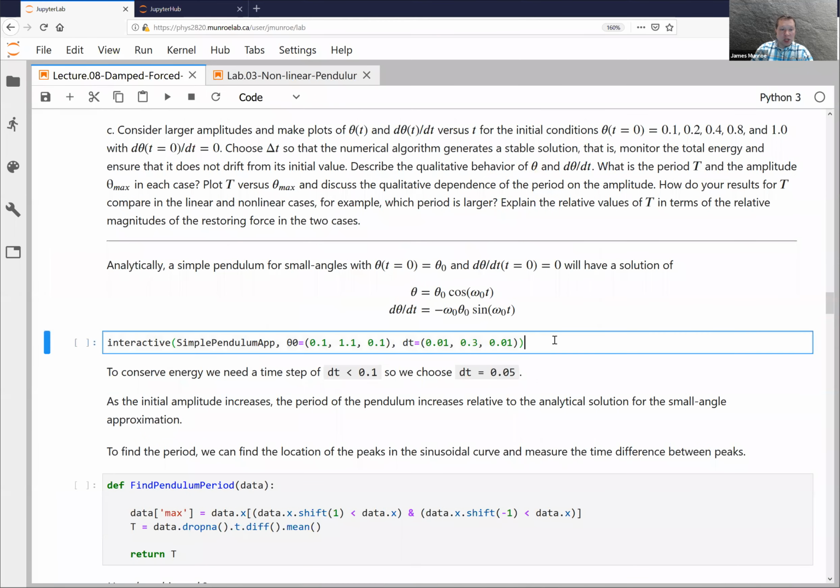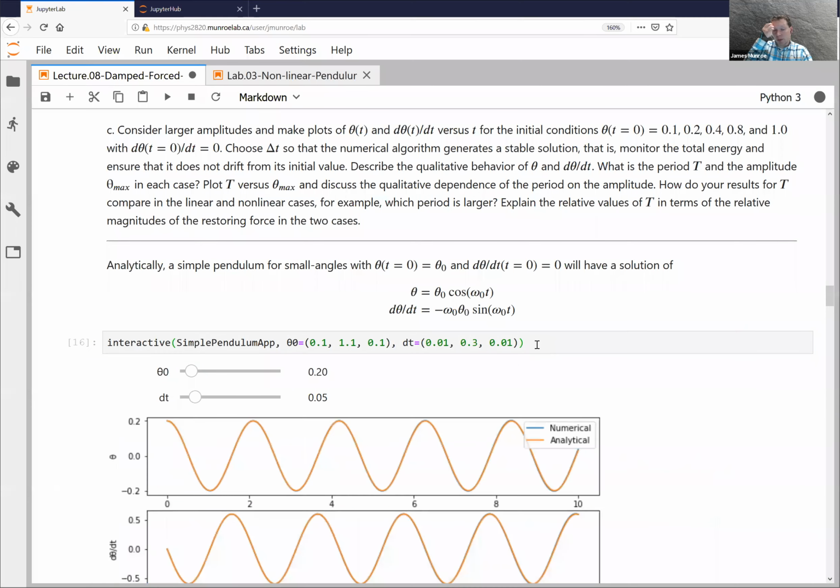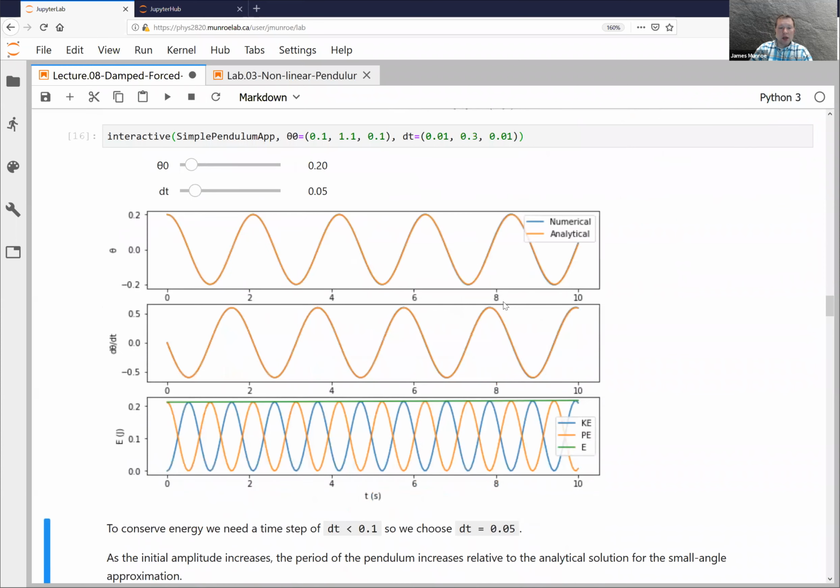So a nice thing that we can do is use these interactive blocks to explore the effect of A, initial angle, and B, time step. So we'll start here. This is where it was before. This is sort of the initial case. First thing I want to draw your attention to is time step. Any numerical model, the time step needs to be checked.